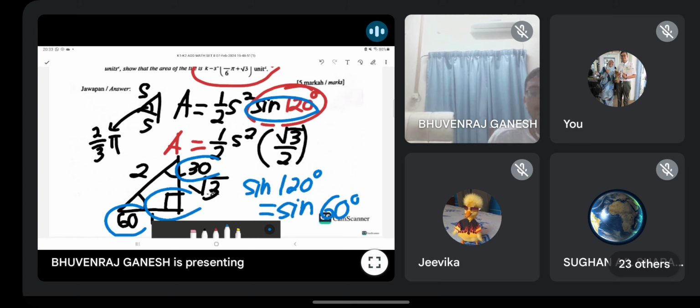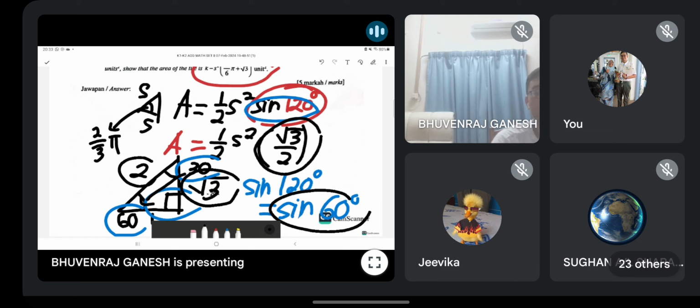So nilai dia sama. It's exactly the same value. So that's why, can you see? Sine is what? Opposite bahagi hypotenuse. Betul? So you refer to sine 60, opposite is root 3, hypotenuse 2. That's why I write root 3 bahagi 2 over here. That is the reason. Okay, bukan sekadar menghafal tapi faham yang ini.